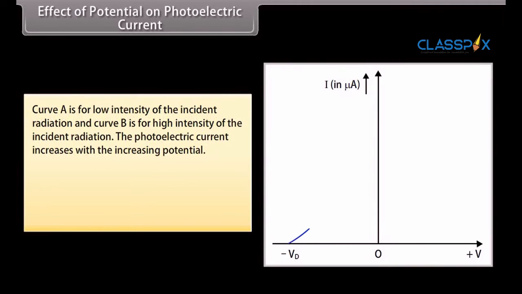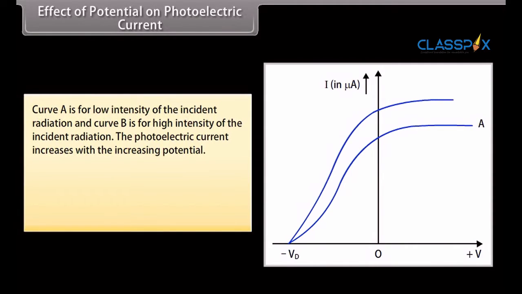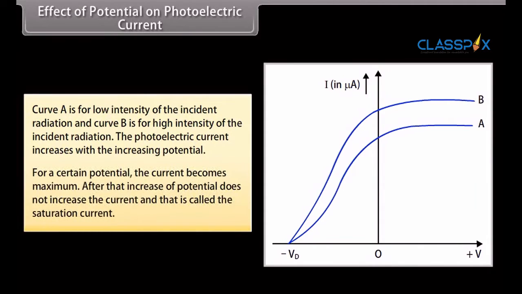Curve A is for low intensity of the incident radiation and curve B is for high intensity of the incident radiation. The photoelectric current increases with the increasing potential. For a certain potential, the current becomes maximum. After that, increase of potential does not increase the current, and that is called the saturation current.